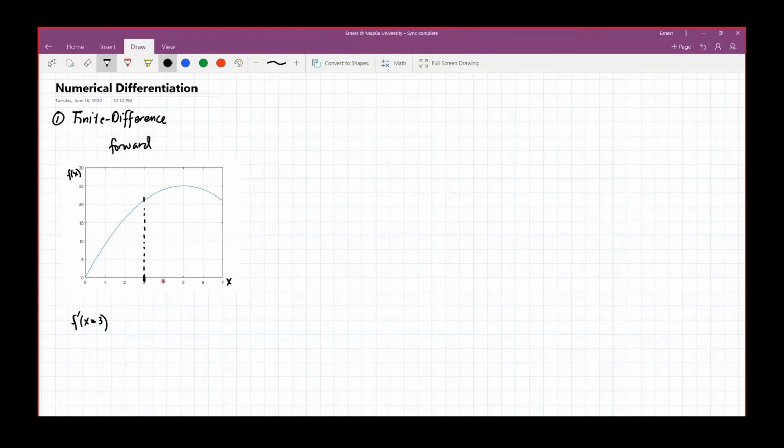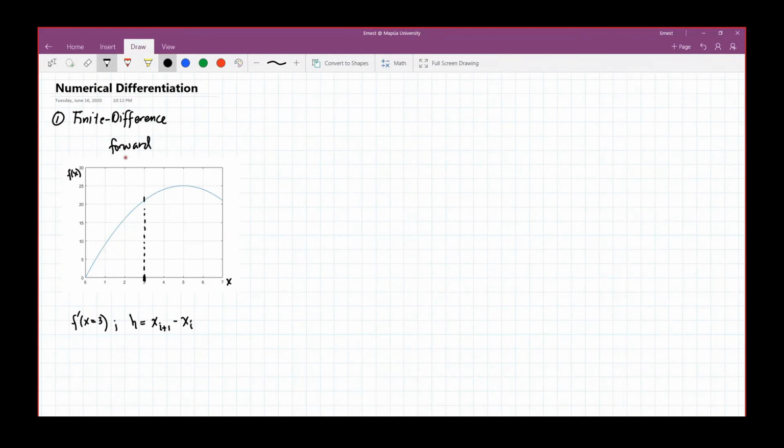The first thing you need to define is that difference, which we call h. H is the difference, defined as xi plus 1 minus xi. Sometimes we call this your step size.